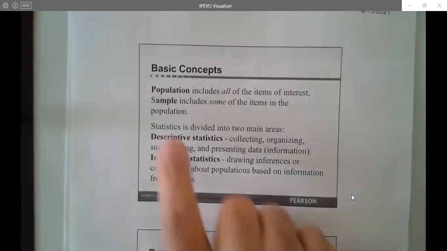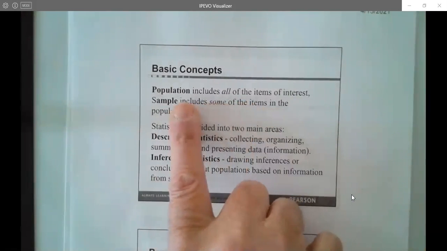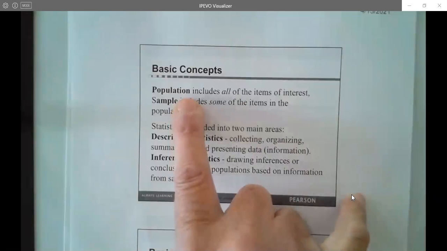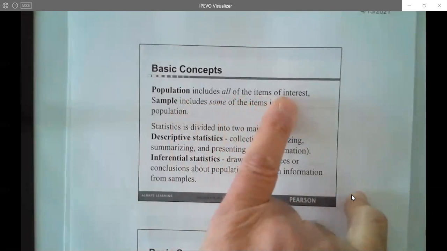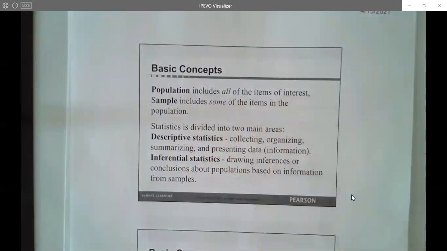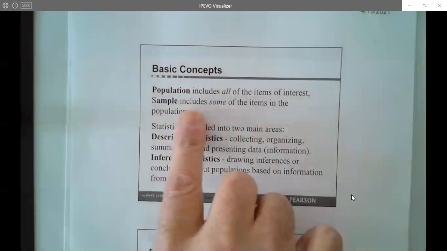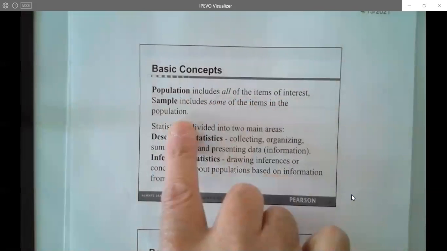Okay, basic concepts in statistics. Population includes all of the items of interest. In other words, let's say we're talking about all students in Livingstone College. That would be the population, whereas a sample includes some of the items in the population.